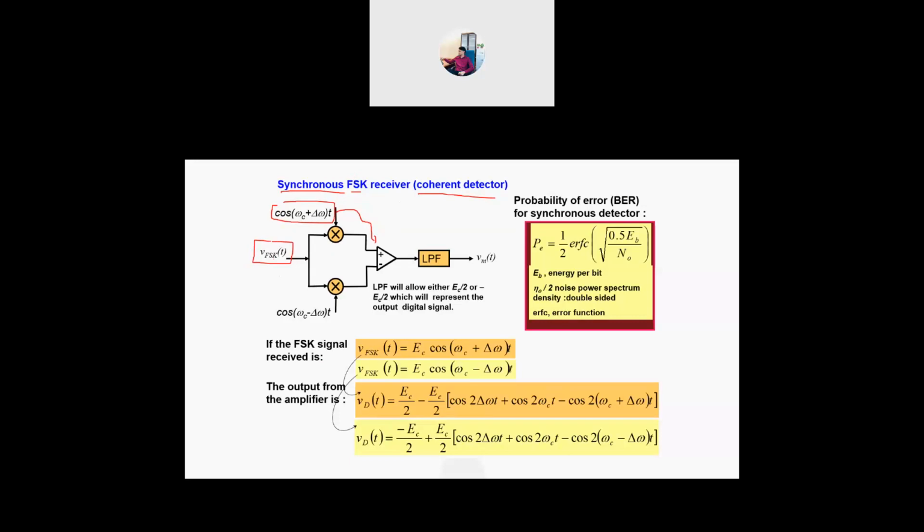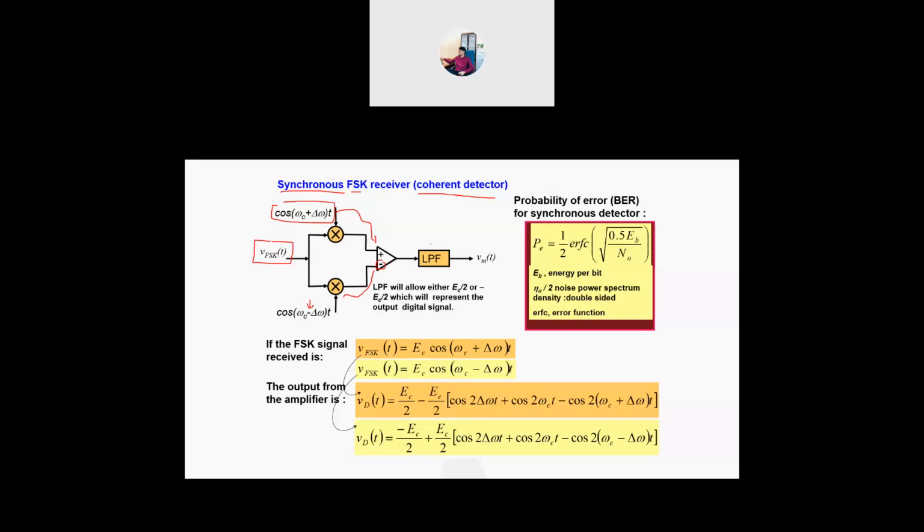The same frequency shifting signal will go through here, but will be mixed with cos(omega C minus theta omega). And then it will go through here to the summer amplifier. So the product of this will be subtracted by the product of this due to these operations. Then it will undergo LPF, where the higher frequency will be removed.